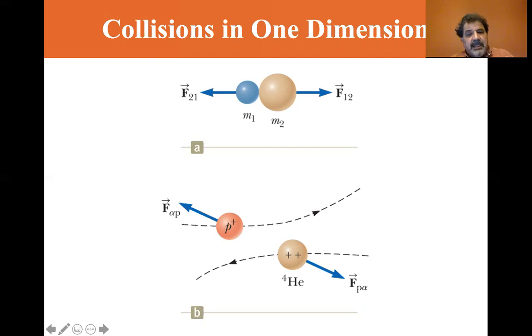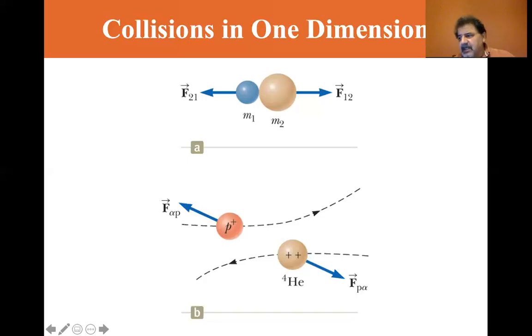They come close together as they approach each other, want to repel each other, and it produces a force on the proton and a force on the alpha particle. Helium is 2 protons and 2 neutrons. Both of those are collisions, whether there's contact or non-contact.